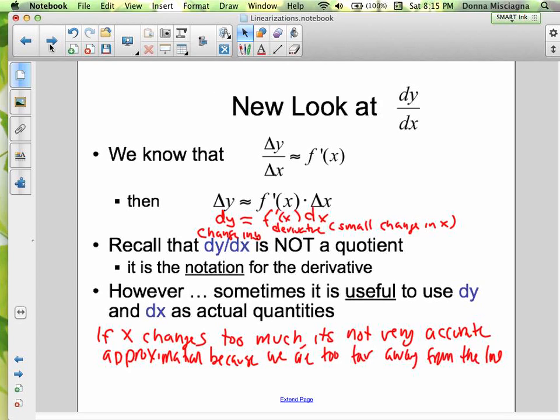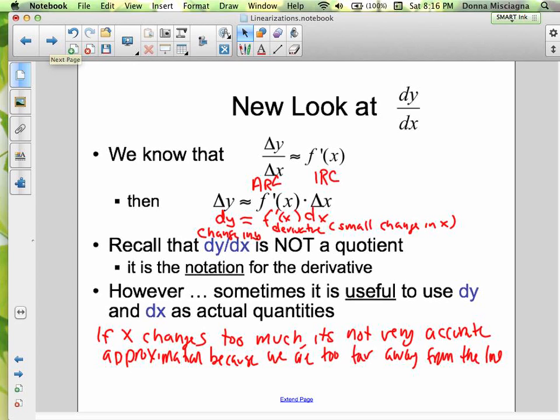So a new look at dy dx. We know that the change in y over the change in x, which is the average rate of change, approximates f prime of x, the instantaneous rate of change. So now notice our formula there.